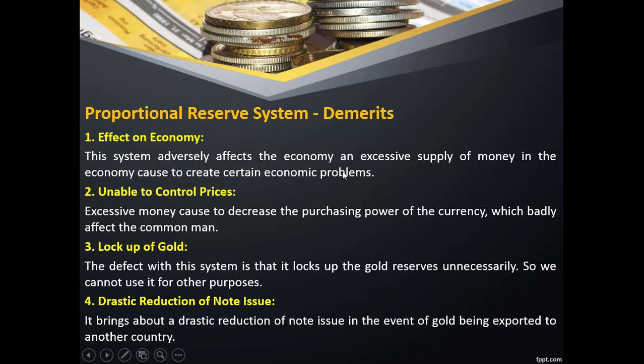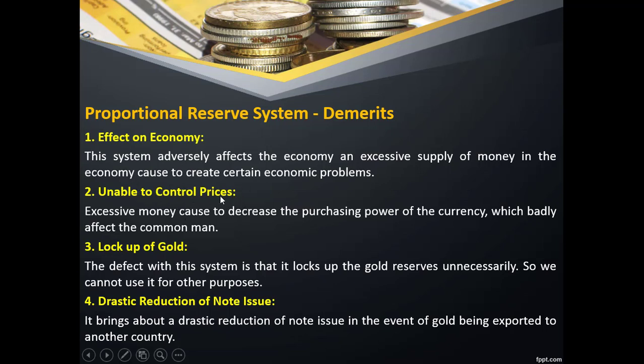Iran has fewer reserves and they have issued currency excessively. So what is the economic problem in their country? Inflation. The prices are very high. For buying one good, they need to pay a lot of money. Second, unable to control prices. Yes, this is very much related to excessive note issue.